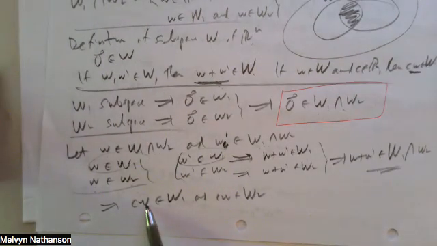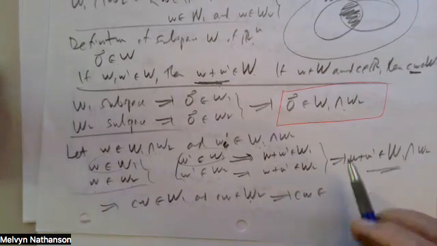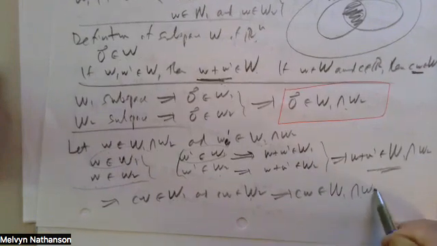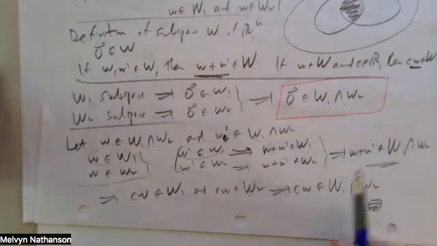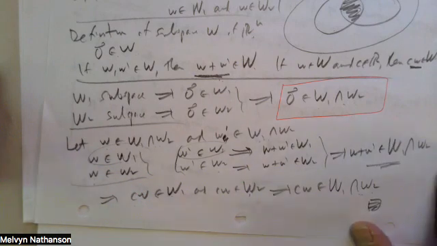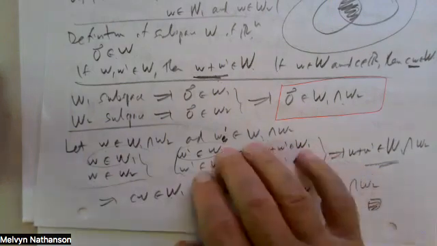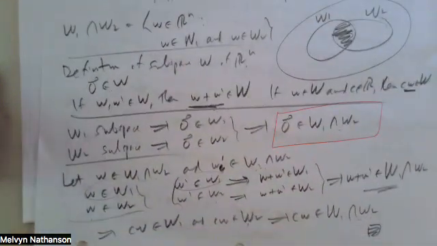So this vector W times the scalar C belongs to both of the two subspaces. So CW is in W1 intersect W2. So this intersection of two subspaces is also closed under scalar multiplication. So that is the proof that the intersection of two subspaces is a subspace.